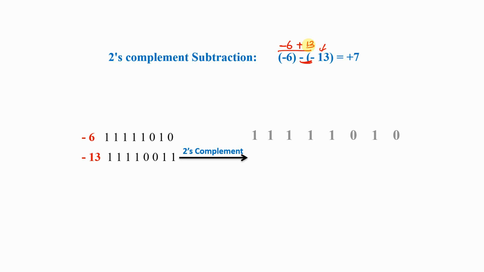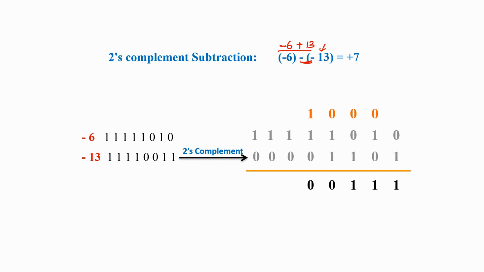Now perform addition between these. 1, 0 plus 1, 1 and carry 0; 1 plus 0, 1, carry 0; 0, 0, 1, 1, carry 0; 1 plus 1, you are going to get 0 and carry 1; 1 plus 1, 0, carry 1; and so on, and the last 1 plus 1 is 0, you are going to get the end carry.